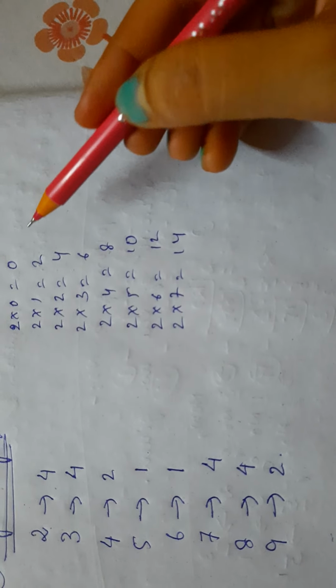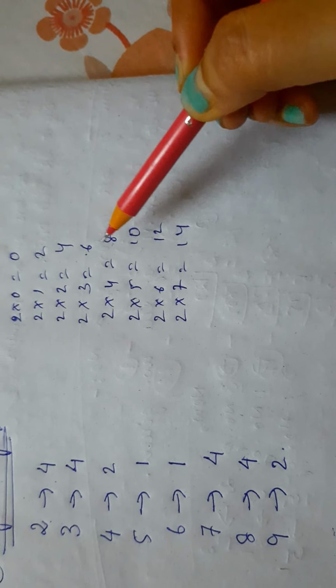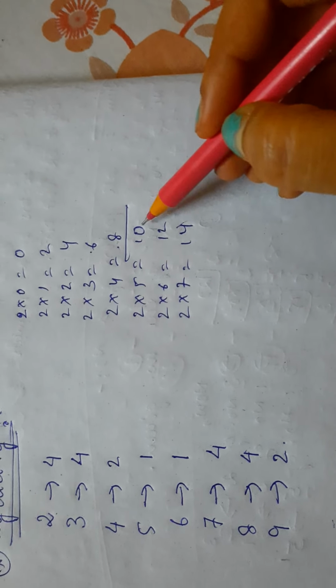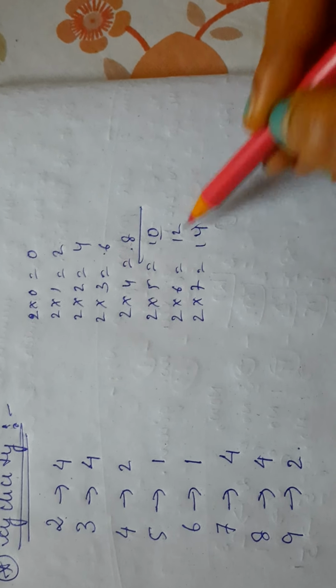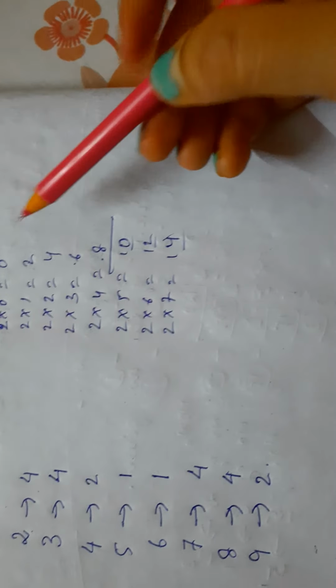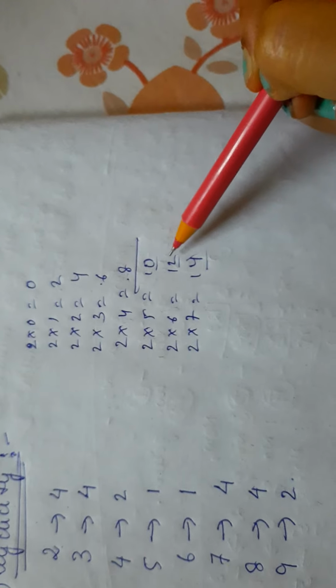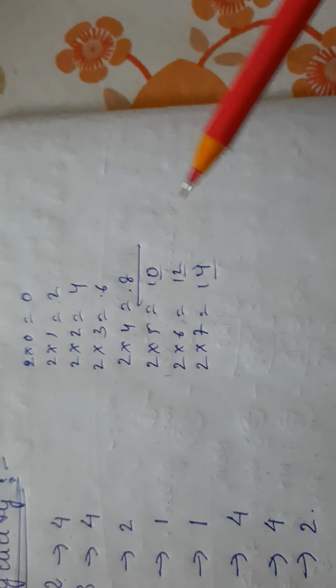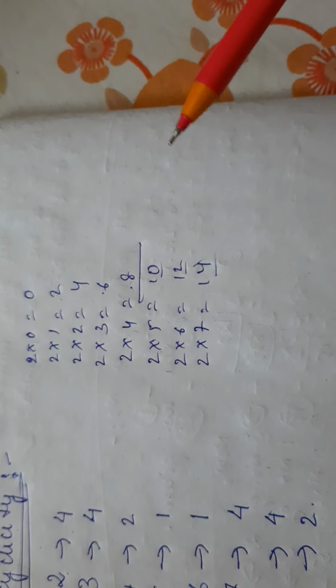So after 1, 2, 3, 4, it gets repeated again. As you can see, the last digits repeat after 4.